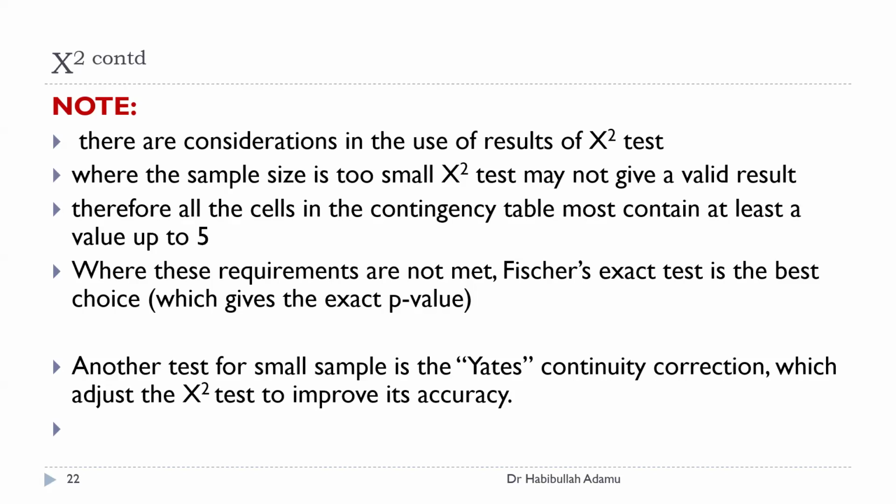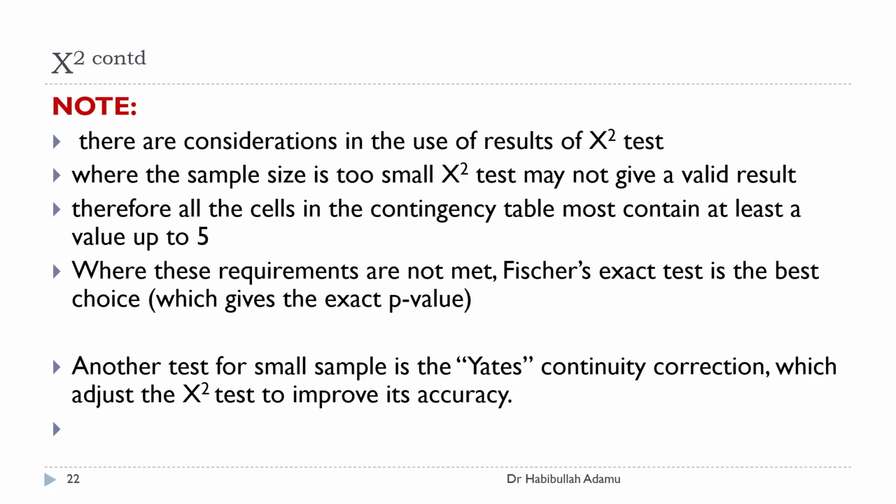The simplest table used for analysis in chi-square test is the 2x2 contingency table, which has 4 cells. It is expected that in each cell, the frequency should be at least 5.